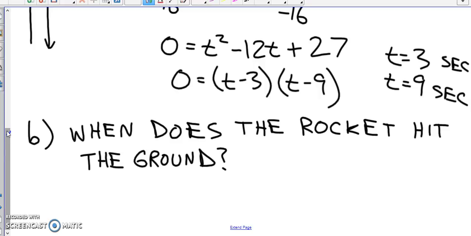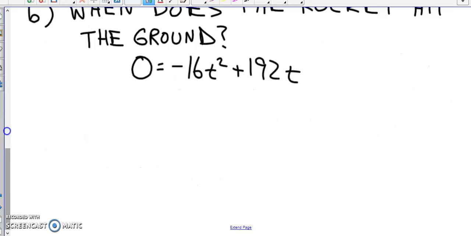Well, what would the height of the rocket be if it hits the ground? 0. This would be 0 equals negative 16t squared plus 192t. So notice that all I did was take h, which was above here somewhere, and plug in 0.